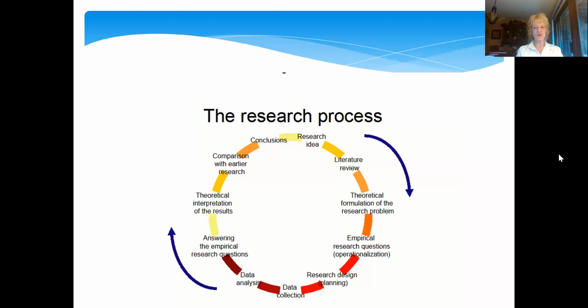You're going to answer that empirical research question, and then you're going to have theoretical interpretations of the results. Then you go back and compare with earlier research. And so you might say, wow, we found something similar to, for example, Margaret Gray did some work in this area with kids with type 2 diabetes.